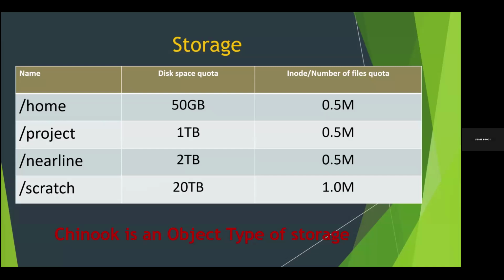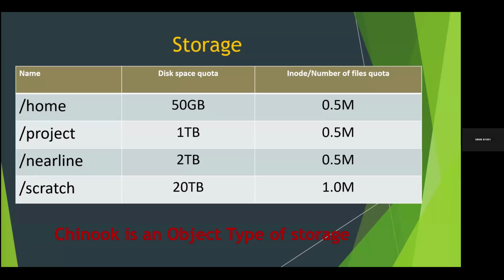Nearline is very similar to what we are offering at Chinook, and I will talk about this in a second. Nearline is usually a long-term storage, which is tape-based, but you still have access to it via command line. You can still see this file system, but it's geared for long-term archiving of the data, okay?